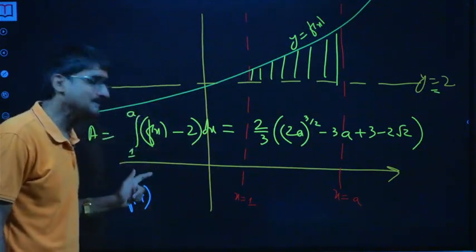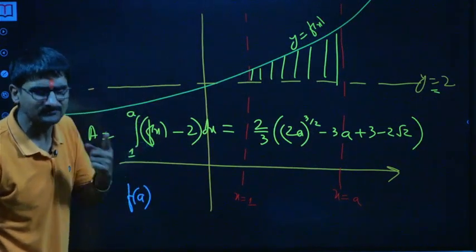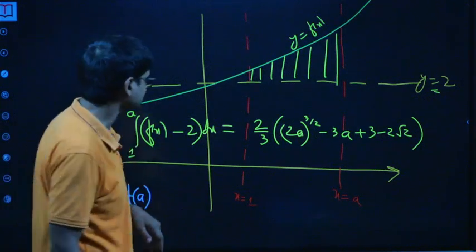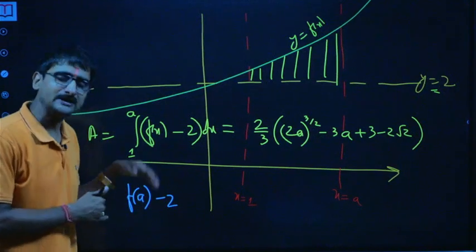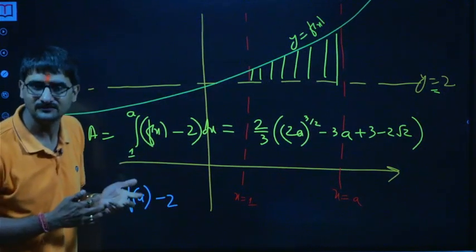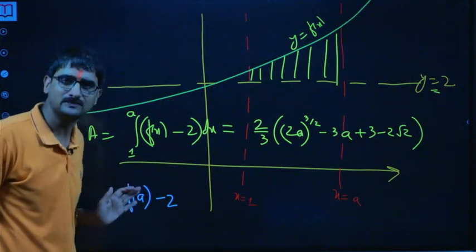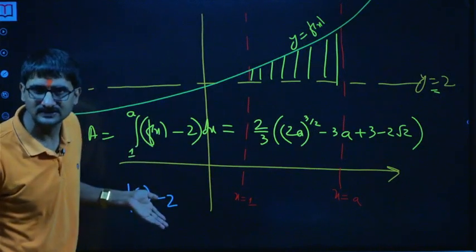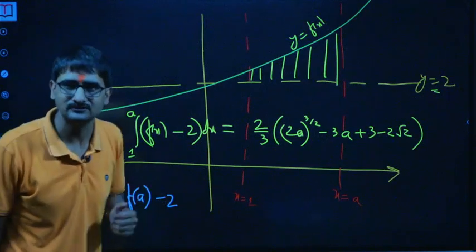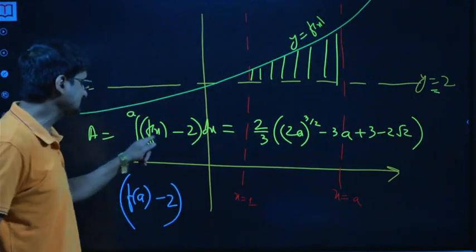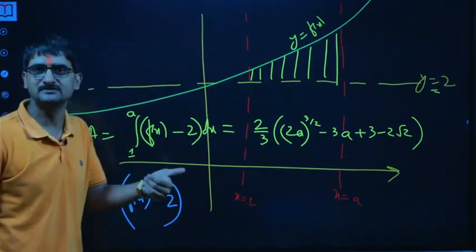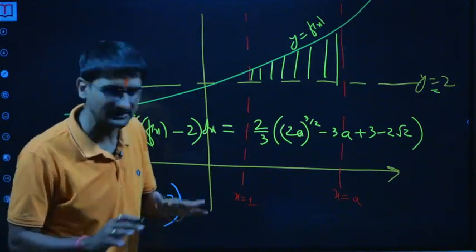So f of a into the derivative of the upper limit, which is 1, minus 2 into again the derivative of the upper limit, which is 1, because this is independent of x. Now minus, replace x by 1 and the derivative of 1 is a constant, so that doesn't make any difference.